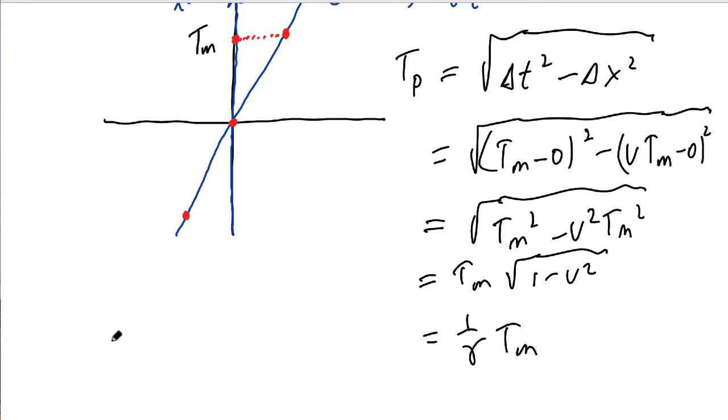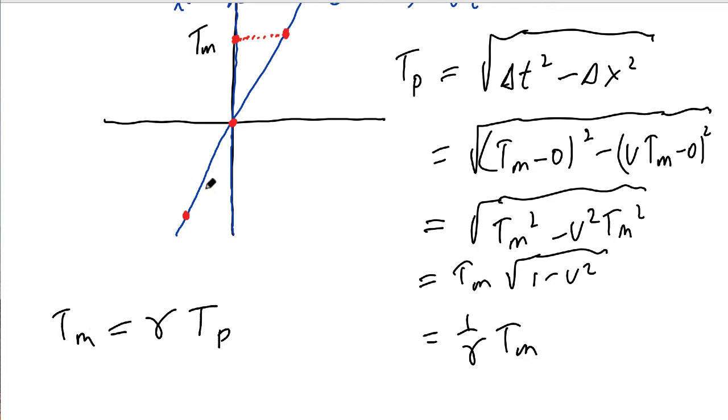All right, so we can turn this around. Of course, this says tm is equal to gamma times the proper time. Now, how do we interpret this? Well, what this is telling us is that whatever the time interval is, the proper time is measured on the clock. Let's say the clock measures 1 second between these events.